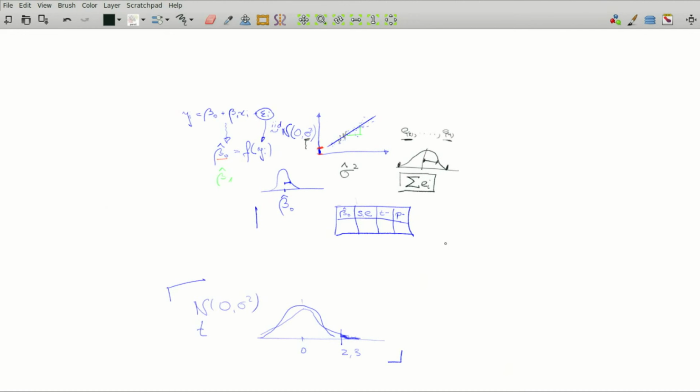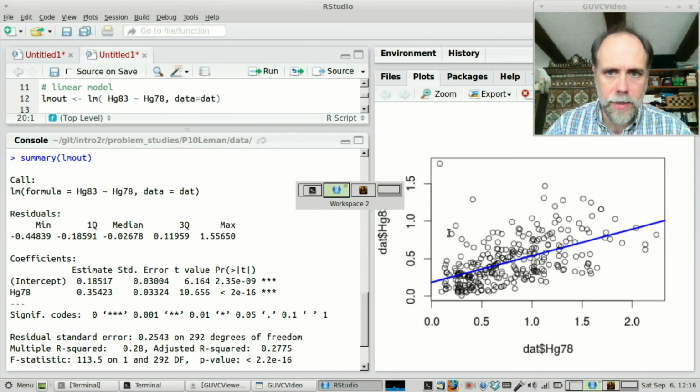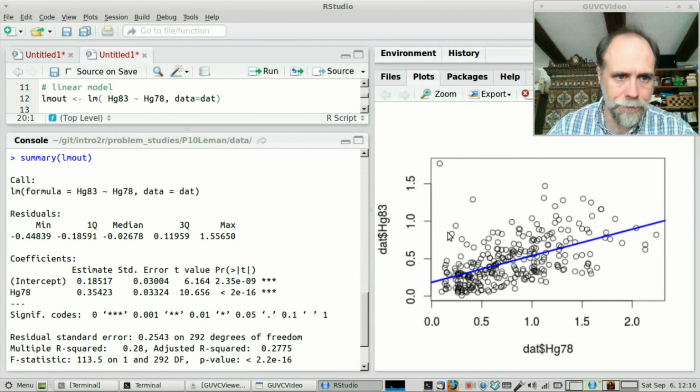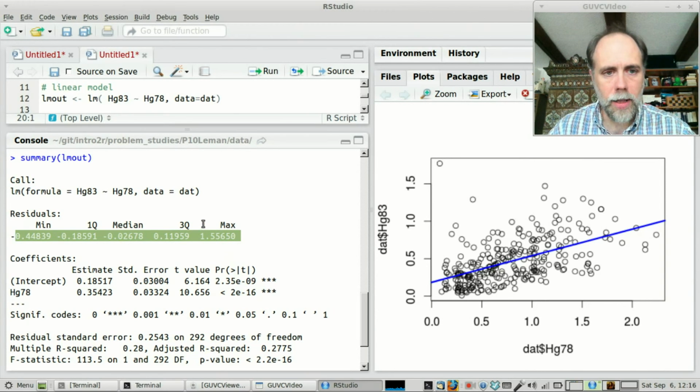Let's see, what else would I like to show you. Let me go to our output, to see what else to have here. Okay. So we've discussed these values here. First quartile, third quartile give us a little bit more information about the distribution of the residuals.